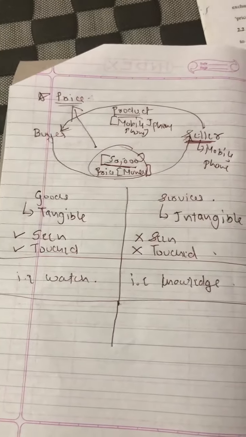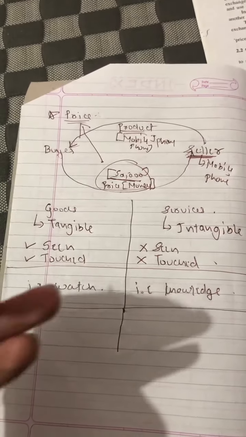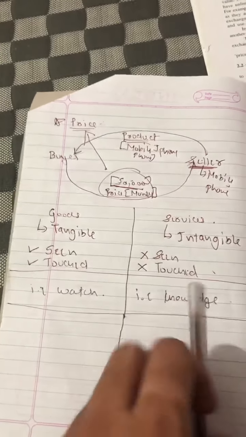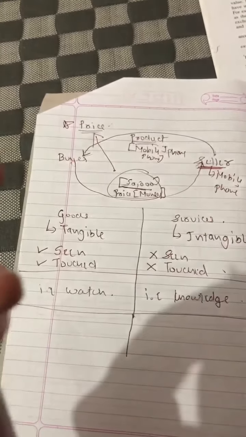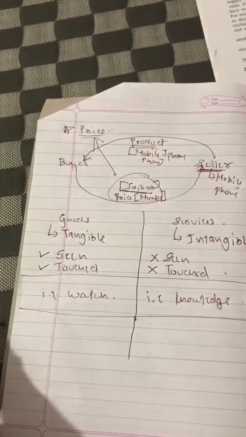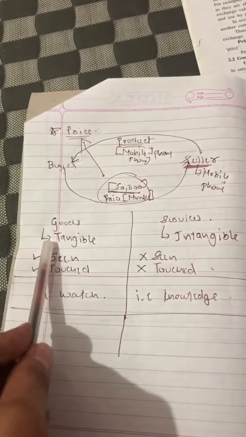For example, a watch. Or let's take a practical example. Let's talk about this pen. Can you see this pen? Yes, you can see this pen. Can you touch this pen? Yes, I can touch this pen. And hence it is called tangible. What do you understand by the term tangible?